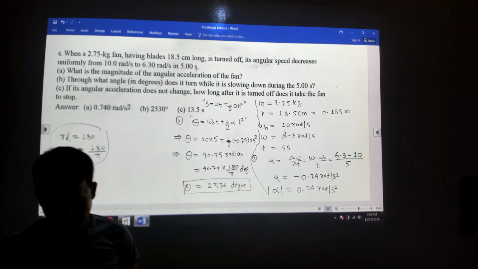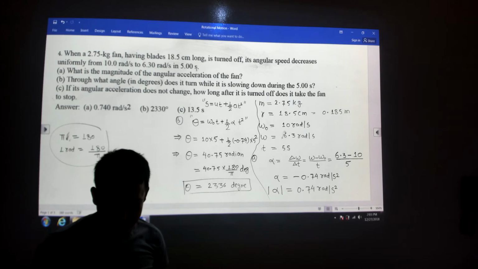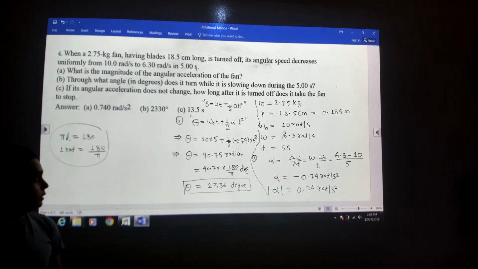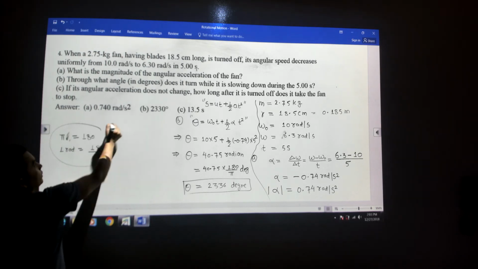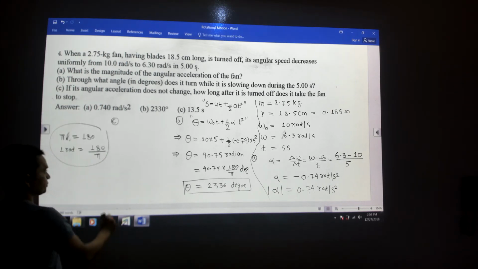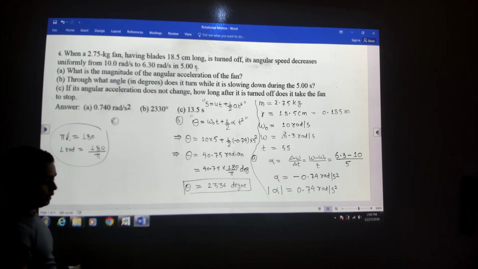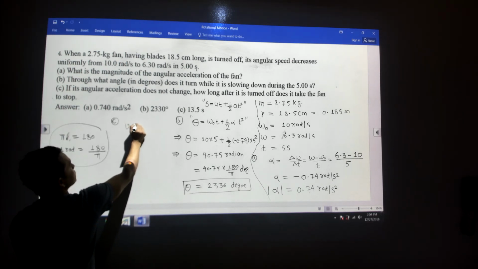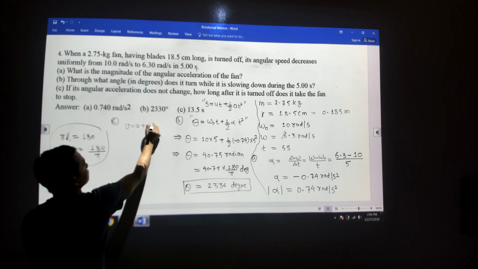The last thing it is asking is how long does it take to stop the fan. Let's do it here. Again, we're going to use v equals u plus at, if you remember this formula.